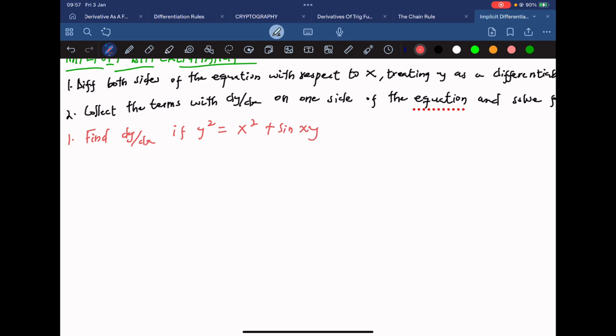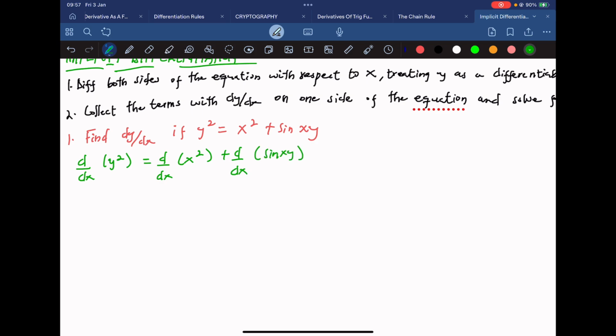In this question, to differentiate this, first of all, we differentiate both sides. So in this case, we have d/dx of y squared equal to d/dx of x squared plus d/dx of sine of xy.